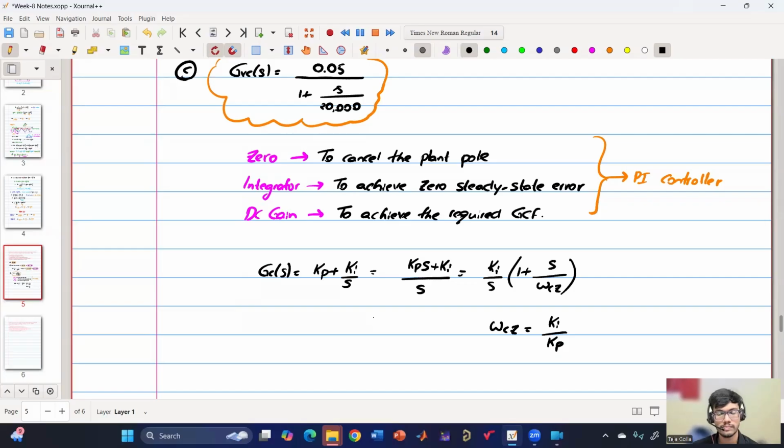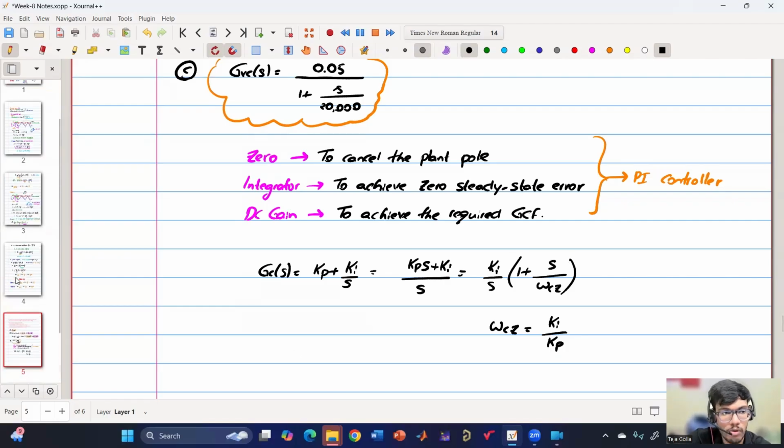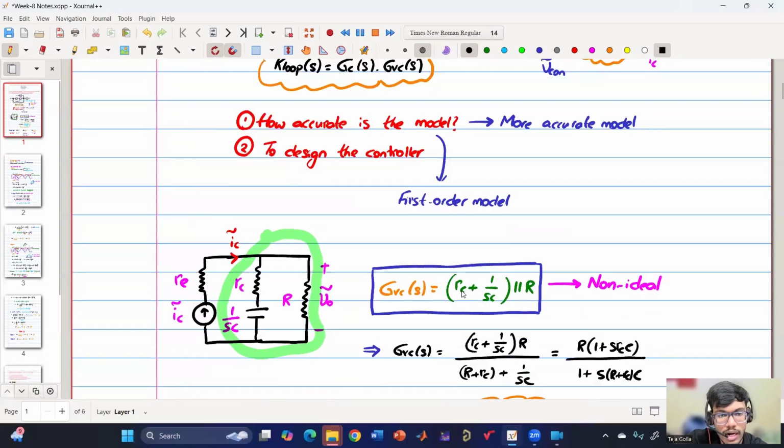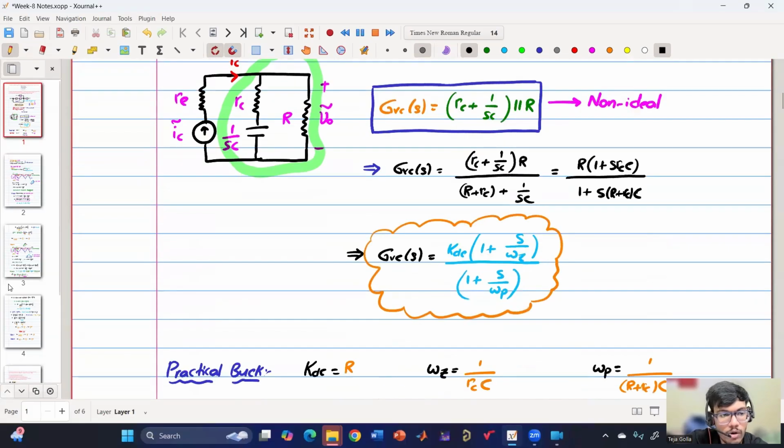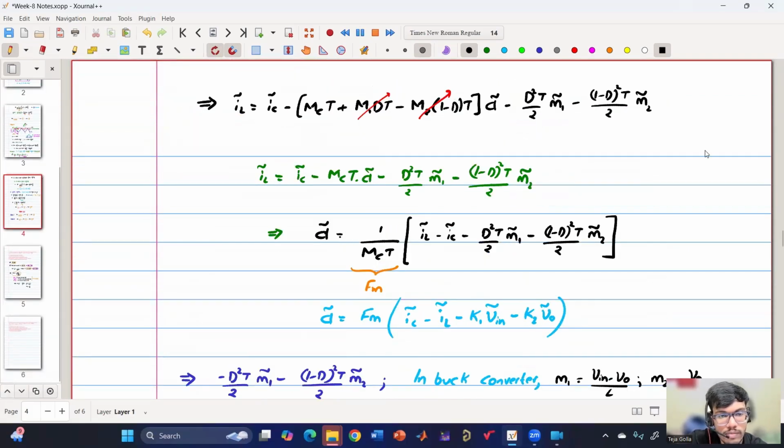Clear? Yes, sir. So instead of solving it numerically, I will solve it in a generic way so that we can correlate with any problem. So I'll write in terms of omega p and omega z.